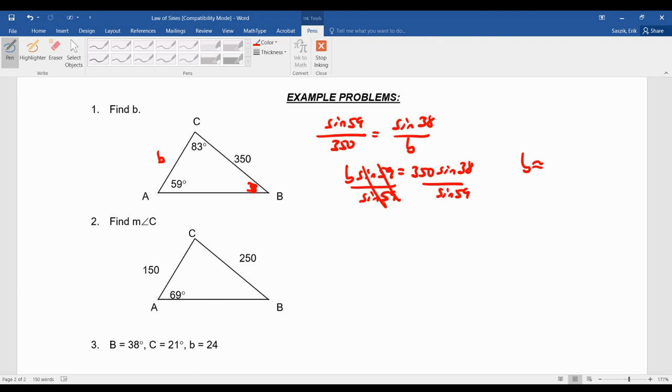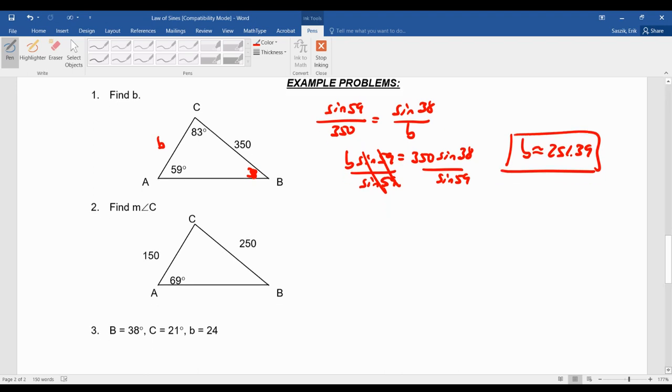Sine of 59, I kept it on my calculator. Now I'm doing 350 times sine of 38, and I'm going to divide that by my previous answer, and I get 251.39 for little b. Okay, there you go. It's not that hard, right?